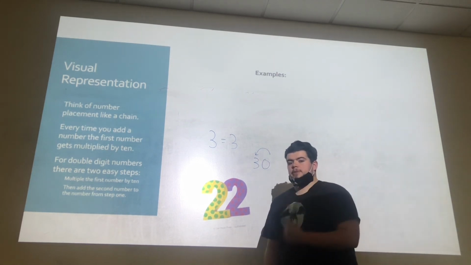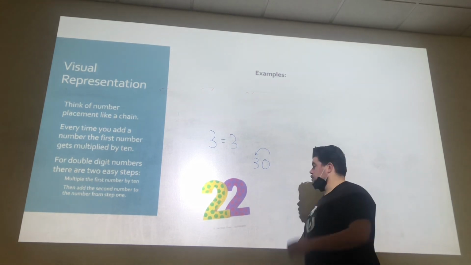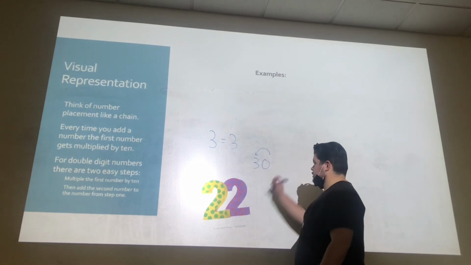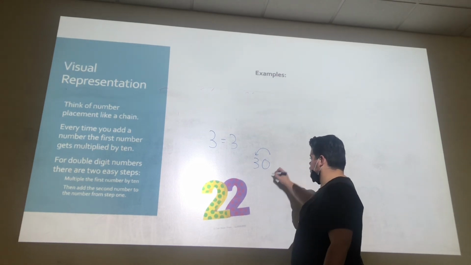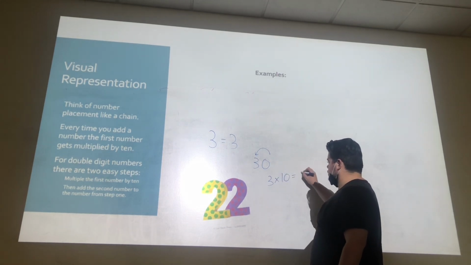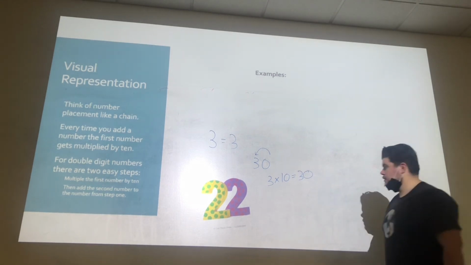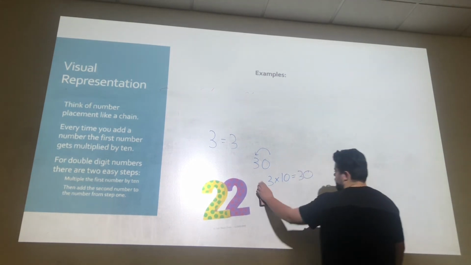What did we say happens when we add 1 zero? You multiply by 10. Okay? So 3 multiplied by 10 is equal to 30. Okay, guys?